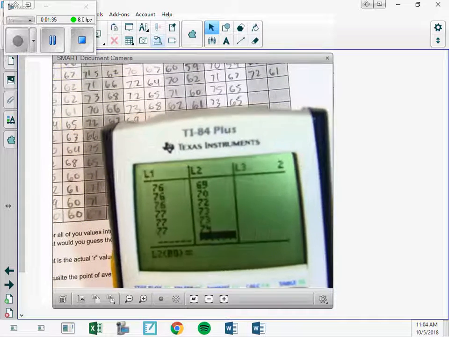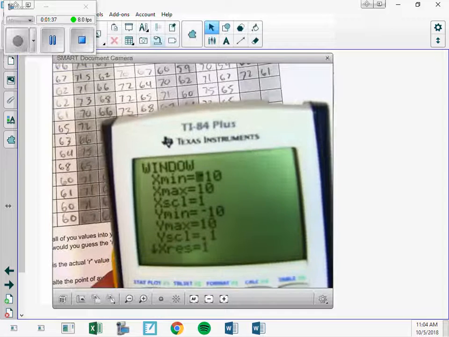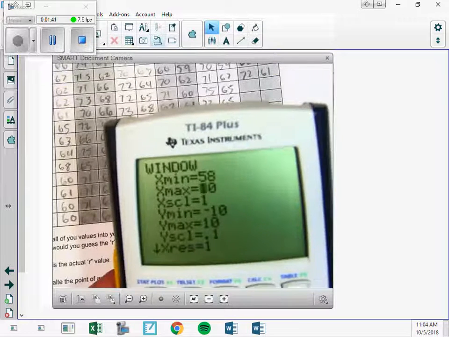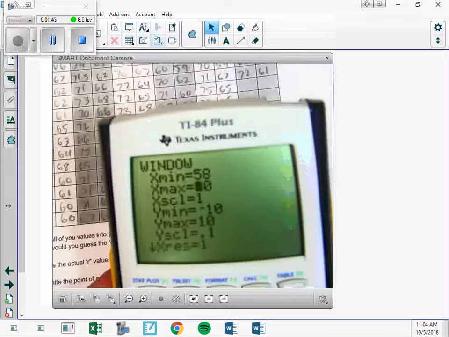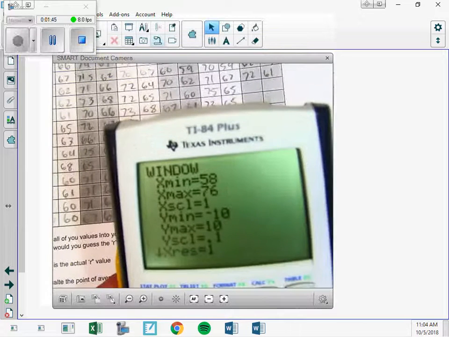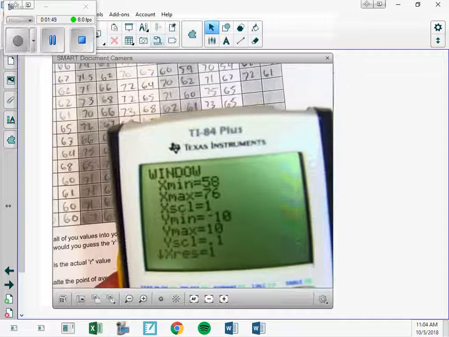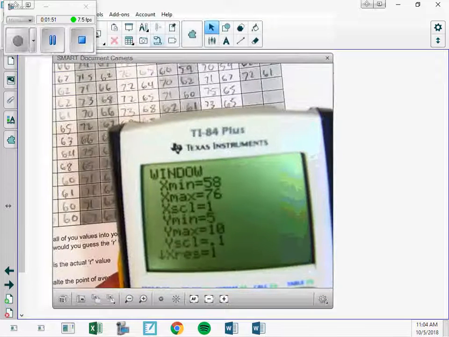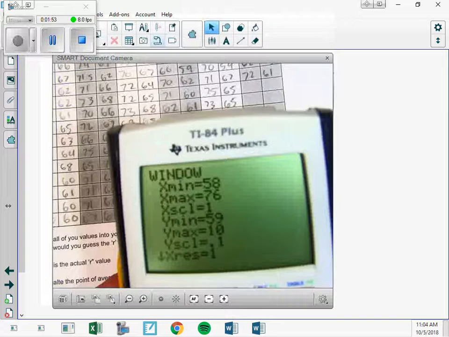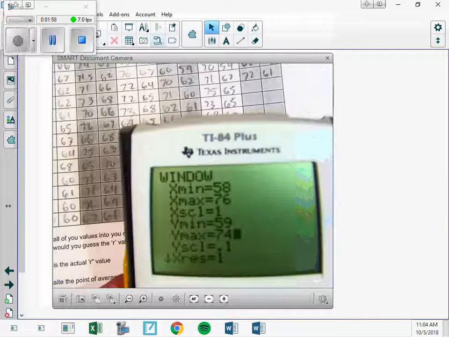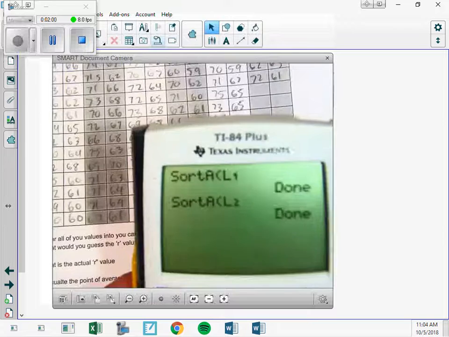So I'm going to go into window. My X minimum, I'll do 58 inches. X maximum, I'm going to do 76 inches. Count by ones. My Y minimum, 59 inches up to, say, 74. Okay. We'll get to that in a second.